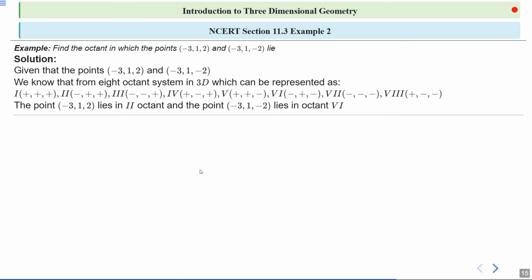So this shows that the point -3, 1, 2 lies in the second octant, and the point -3, 1, -2 lies in the sixth octant. So I hope this example is clear to all of you.